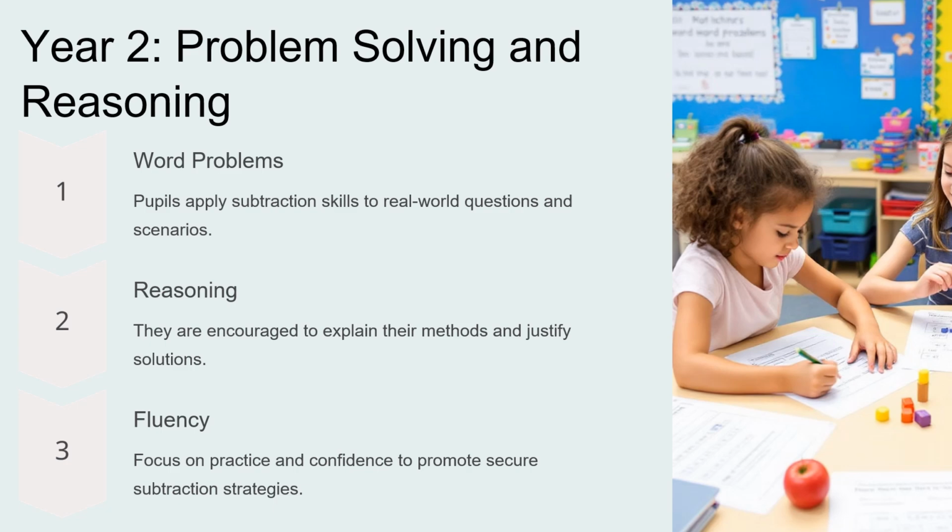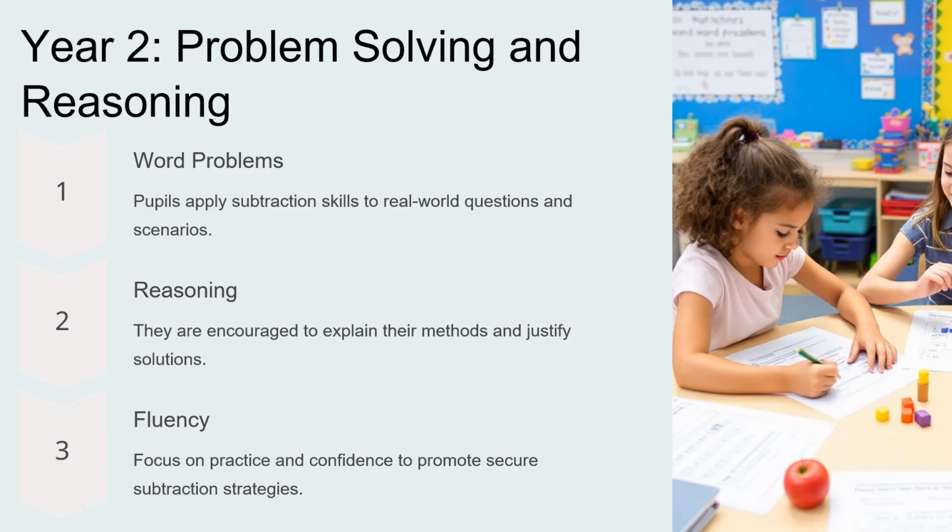In Year 2, there's also lots of work on problem solving and reasoning. So we do some work on word problems, where the children begin to apply subtraction skills to real world questions and scenarios. They then look at reasoning style questions where they're encouraged to explain their methods and justify their solutions.